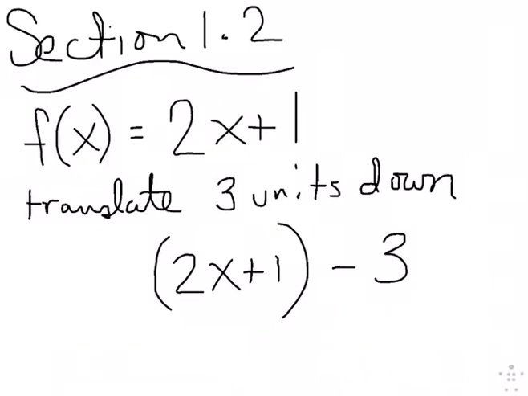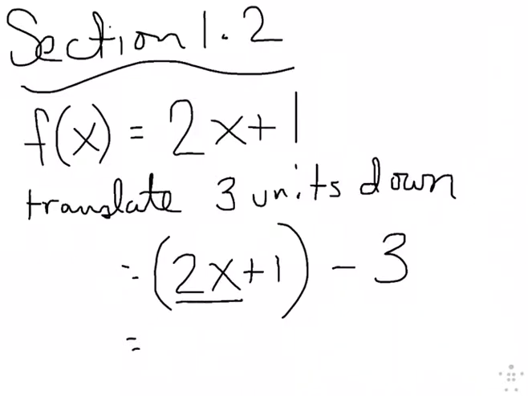So anytime it has to deal with on the outside, like if it's vertical, stretch or shrink, if it's a reflection of the x, or if it's shifting up or down, we're going to put a parentheses around the entire thing and put it on the outside. Now from here, we're just going to clean it up a little bit. Does the negative 3 get multiplied in there, or do we just add pieces together? Just add pieces together, right? So 2x, does the 2x have any friends?